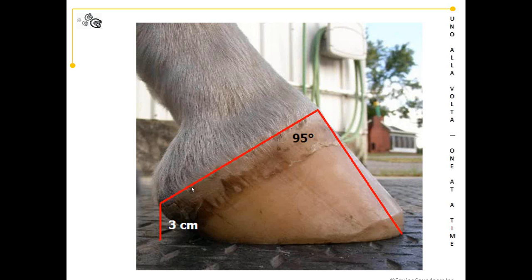If you look at this often enough and take a few pictures, put them on your computer screen, take your protractor. This here would be a 0 point for the protractor, and then measure down and see if you have the correct breakover for this hoof. Then you will over time develop an eye for it.